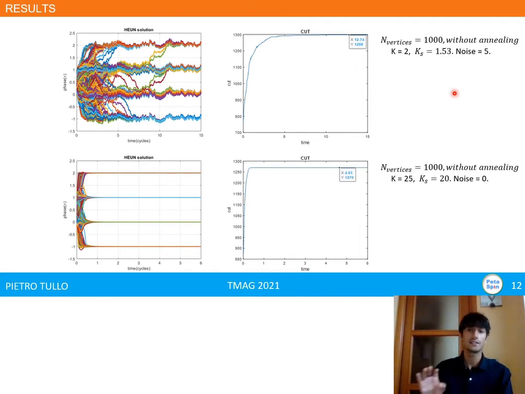But it is not enough, because in these cases the annealing technique is useful, that is, the variation of the parameters of the Kuramoto model.